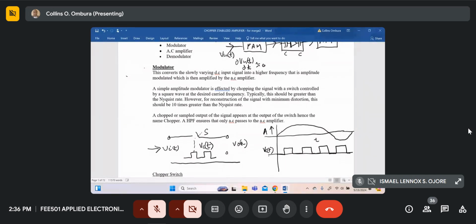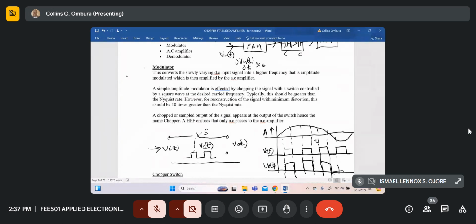So during this interval over here, if the switch is high, when Vc of t is high, the switch is closed. And this is your V naught, the output of the switch. So you're going to get something like that.